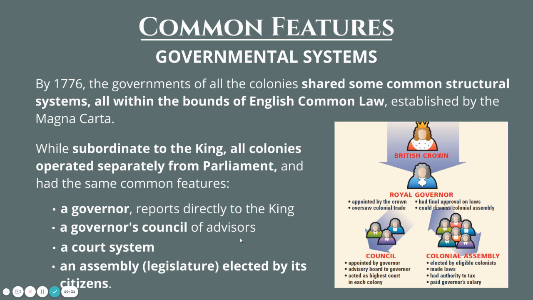This is where we saw individuals actually having the ability to effect change, whether through direct democracy, like in town hall meetings, or more often indirect democracy, where they were able to elect individuals to serve on an assembly to draft the legislation that would then affect the rest of the populace within that colony. This is where we see those common features within the governmental systems, the politics that will drive this whole colonial enterprise forward.